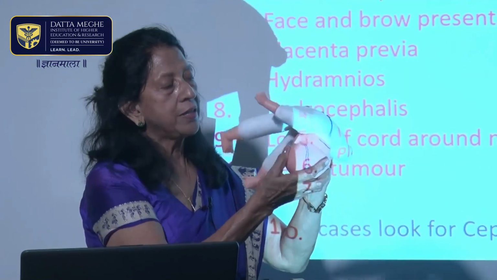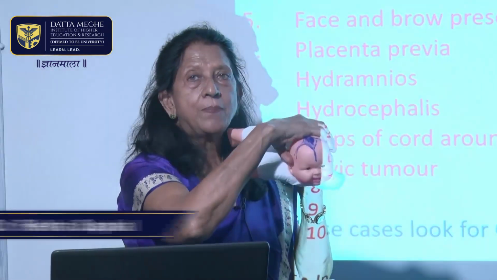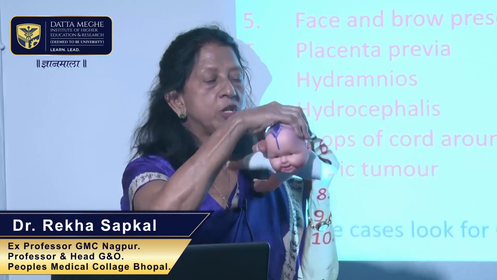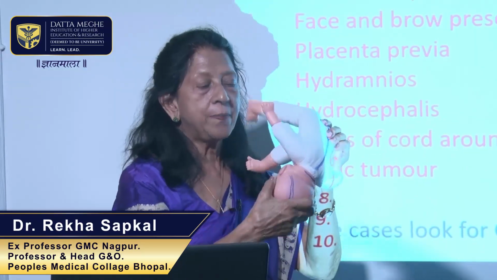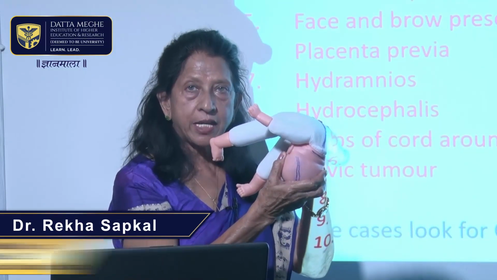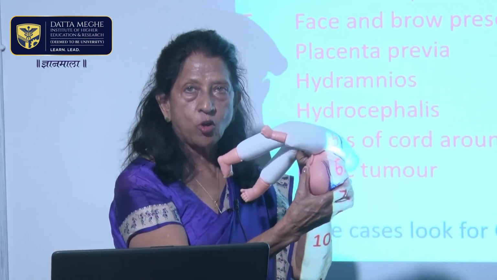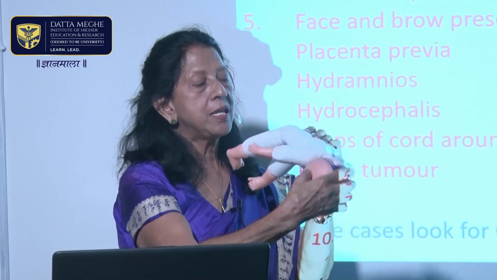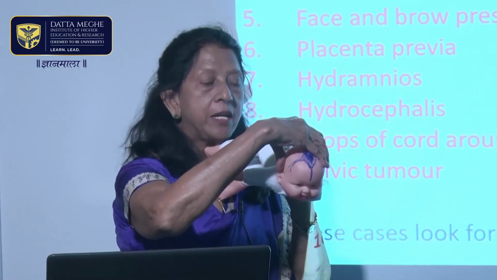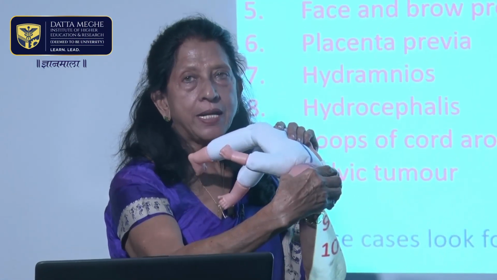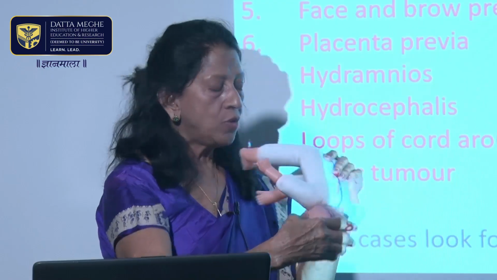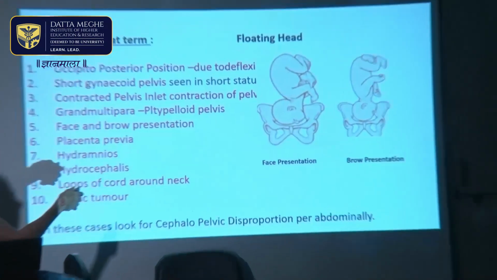This is well flexed head, this is deflexed, this is completely extended head, face presentation, and this is brow presentation. So, I will repeat, this is well flexed head, vertex presentation, this is deflexed head, occipitofrontal diameter, this is well extended head, and in between the two, incomplete extension is brow. So, let us learn what is this occipito-posterior position.